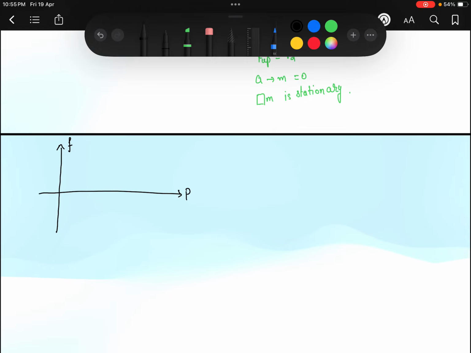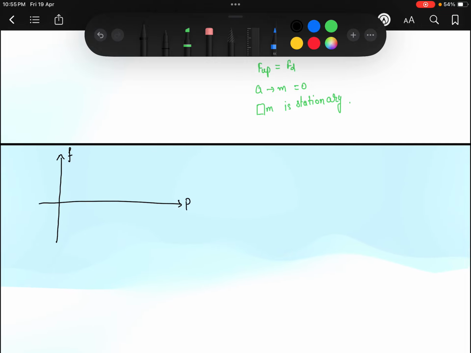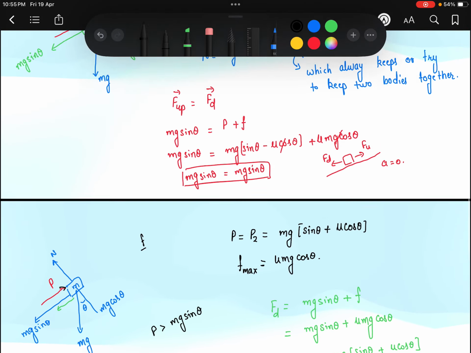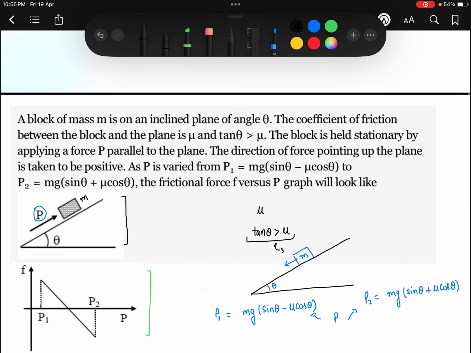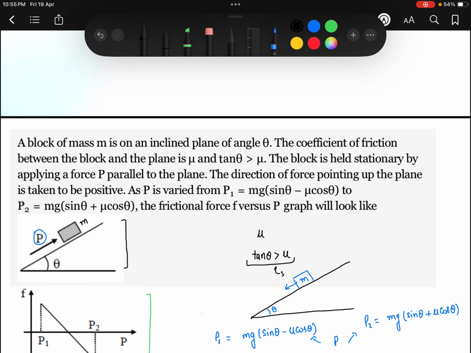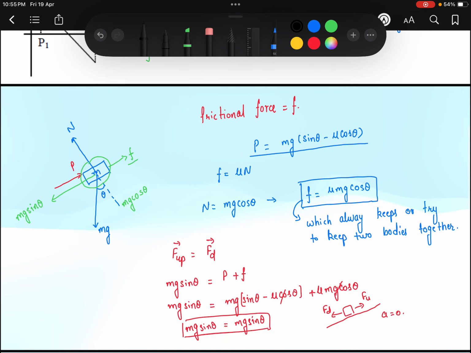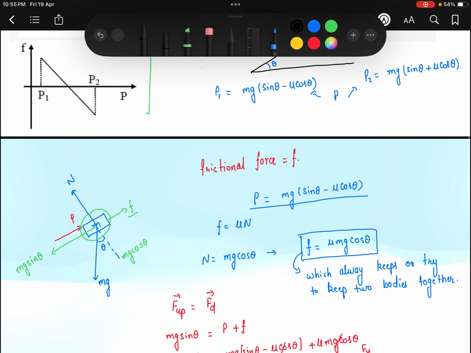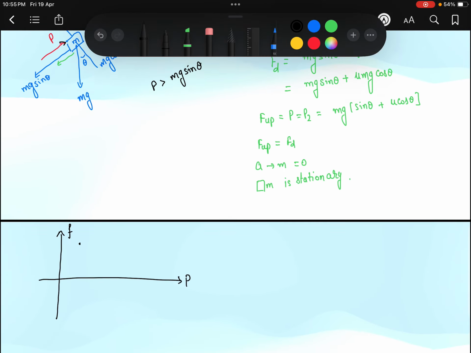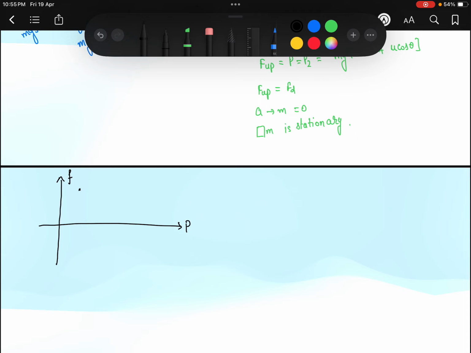Okay, so for the lowest value of this applied force, P1 is equal to mg into sin theta minus mu cos theta. Our frictional force is acting in upward direction, that is positive. So here F is positive.